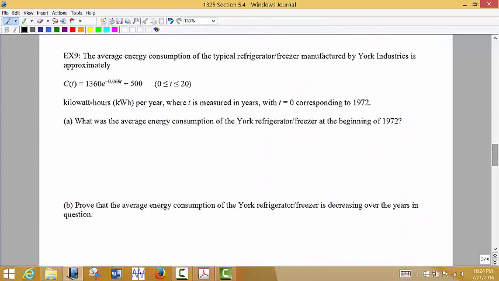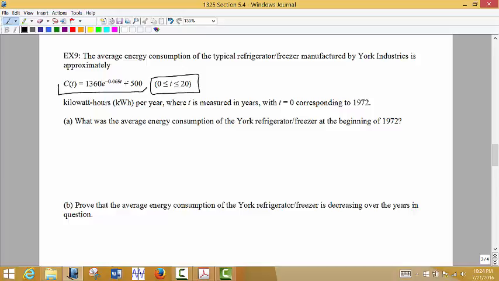We have a couple of word problems here. A lot of applications involve exponential functions. For example 9, we have the average energy consumption of the typical refrigerator freezer manufactured by this particular company given by the function c of t equals, and then we have all of those terms there, on a bounded interval from 0 to 20.